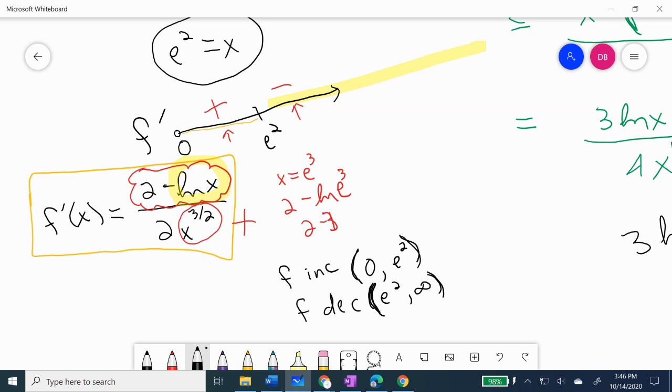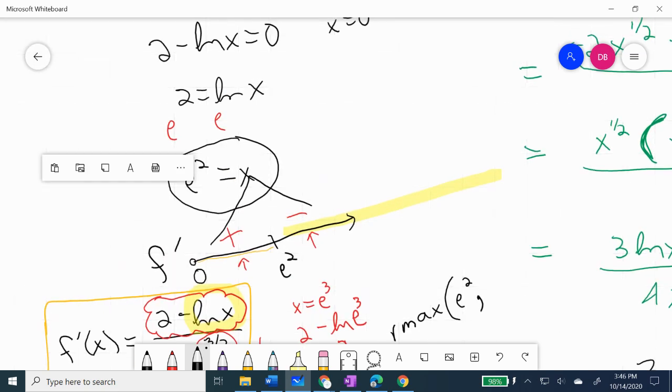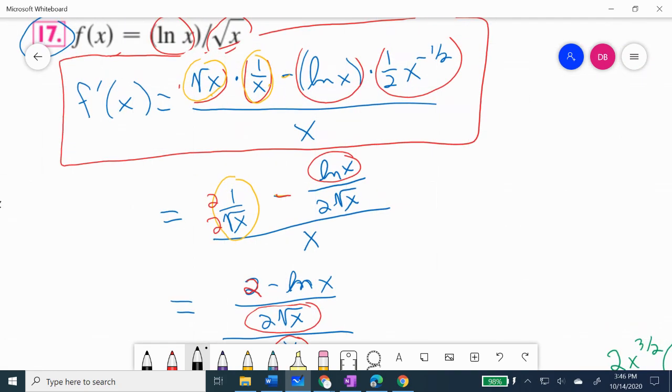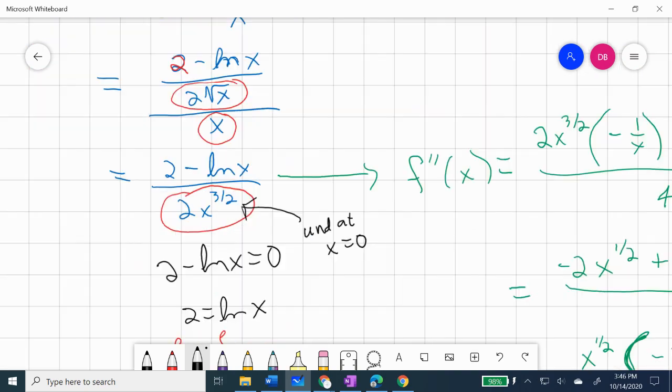And then I have a relative extrema. If I look at the fact that I go up followed by down, that's a max. So I have a relative maximum. The x-coordinate is e squared. I need the y-coordinate. To get that, I have to go back to the original function. The original function was natural log x over root x.